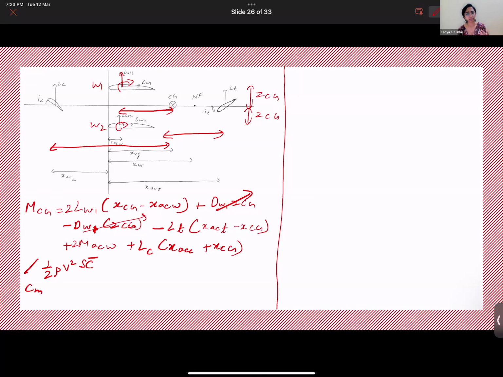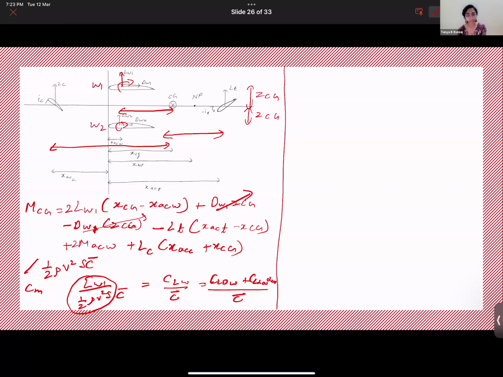CMCG, we'll call it as CM. On the right hand side, you will have lift on wing 1 divided by half rho V square S C bar. Now this will give you CL of the wing by C bar, correct? And CL of the wing is CL naught of the wing plus CL alpha of the wing into alpha of the wing.